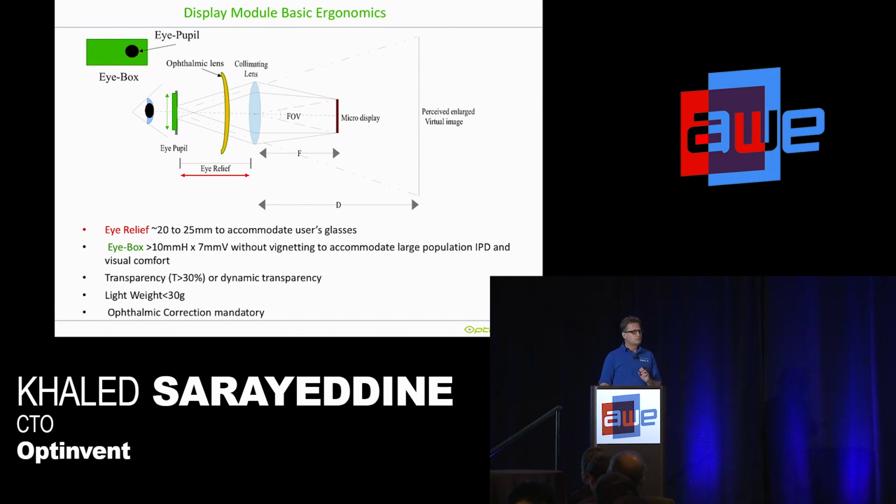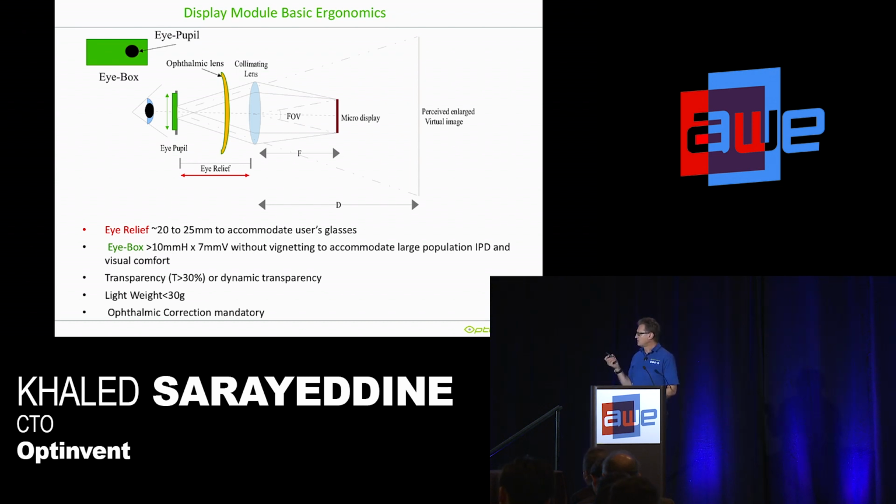So the human pupil is about 4 millimeters, between 3 and 6, depending on the brightness. But you cannot afford to have a system with a very small eye box. You have to have it large in order to afford different interpupil distances, and also to have visual comfort even when you move your eye, your pupil moves. So these are the two parameters that should be there for any system.